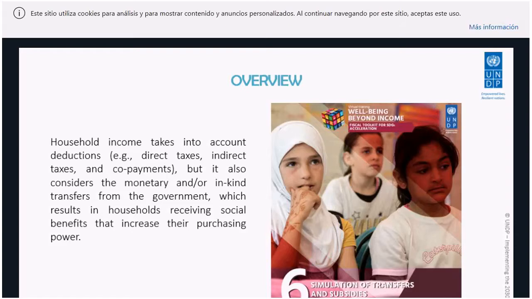But there are other components of social expenditure that are not that evident, for instance the in-kind transfers, basically those related to education and some elements of the public health system, right? So, for instance, I am a poor individual in Mexico, and the winter season is approaching.